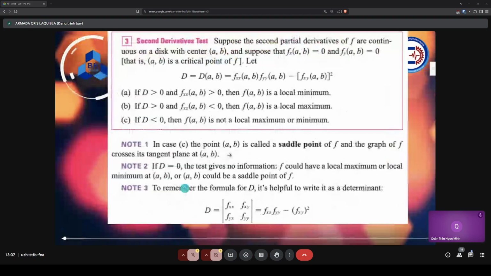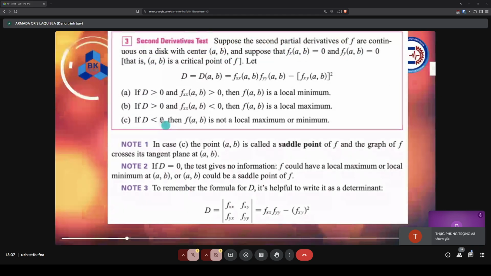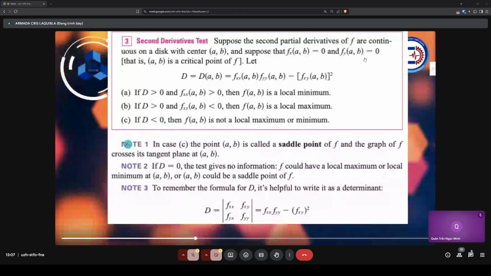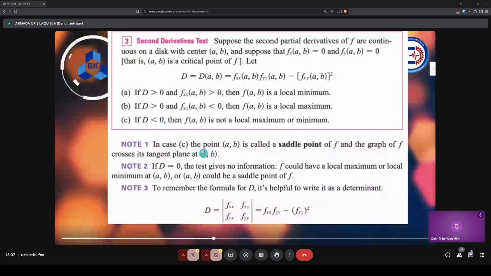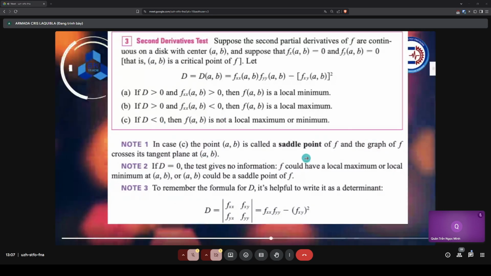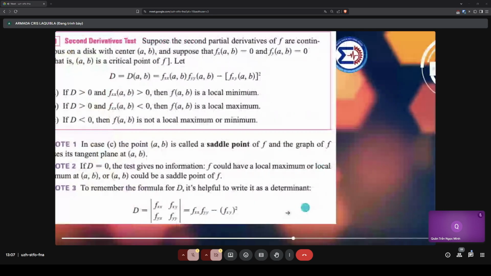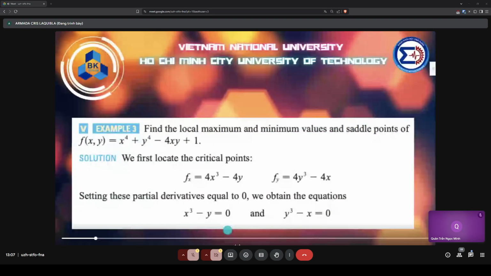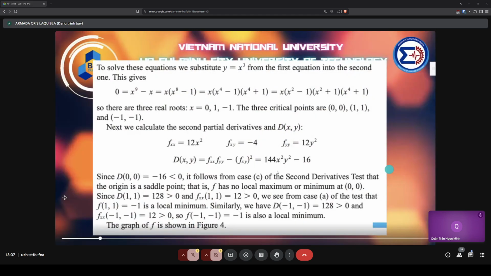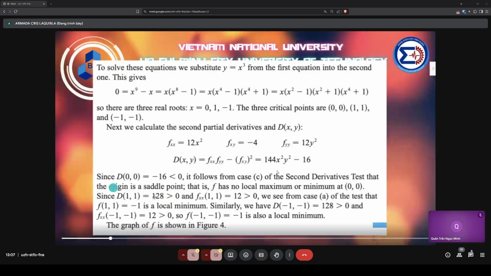The rule here is this. If D is negative, less than 0, your letter C, it's not a local maximum or minimum. And it says here, note 1, if in case the C there, the point there is called a saddle point. So your 0, 0 there is a saddle point. Okay, it's here, that the origin is a saddle point. Origin is the 0, 0 point.